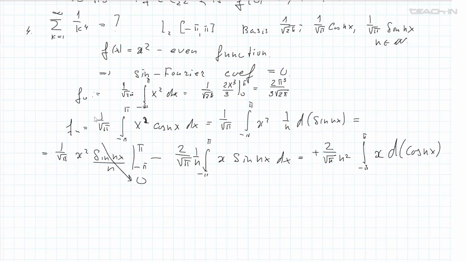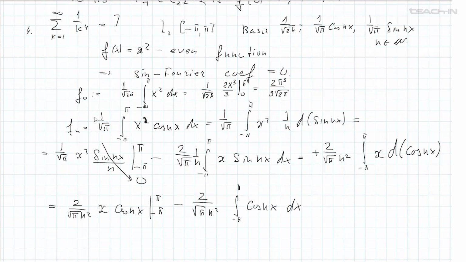And again by parts, 2 over pi n square, x cosine nx from minus pi to pi, minus 2 over n square, derivatives put on x, then we have integral of cosine nx dx, periodical function over a whole period, so it is 0.